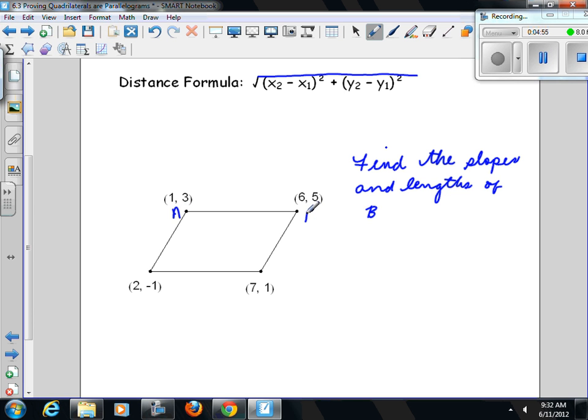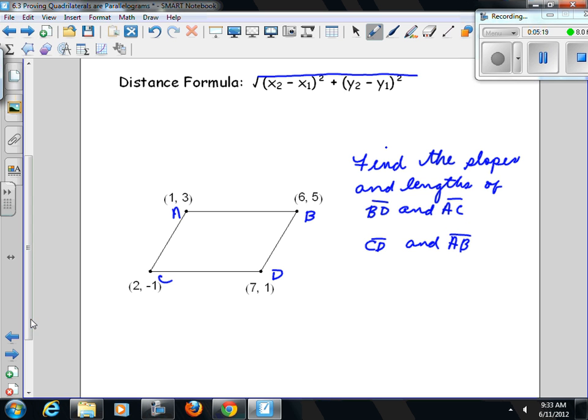I'm going to label these A, B, D, and C, like so. I'd like us to find the lengths of sides and the slopes of sides BD and AC, and then also do the same for CD and AB.